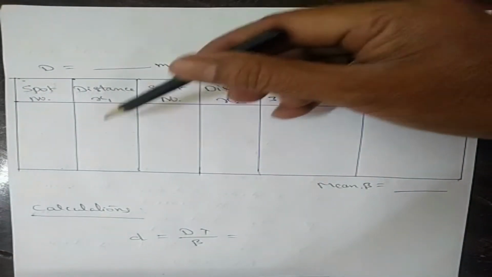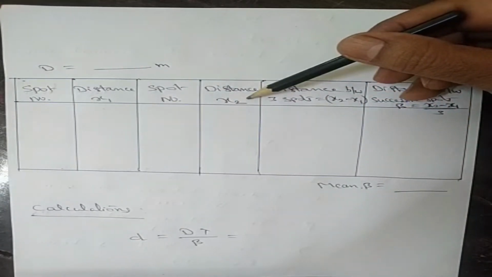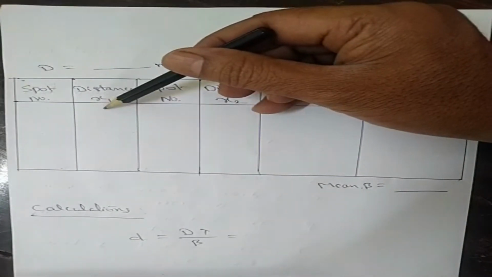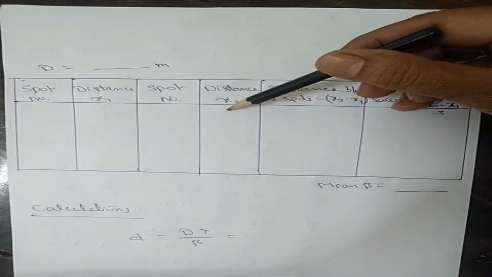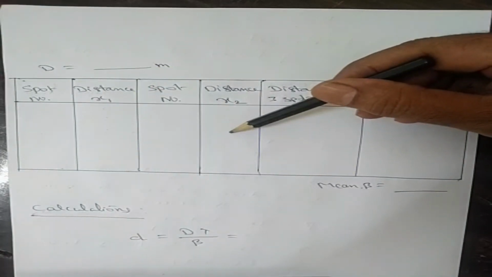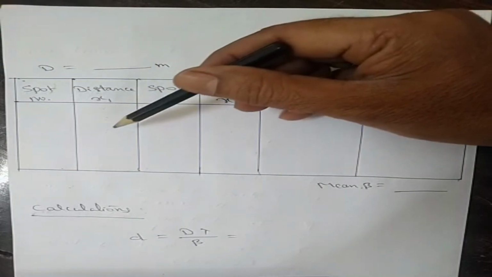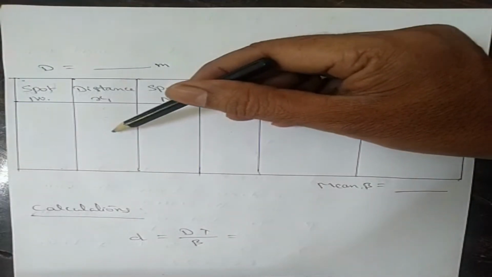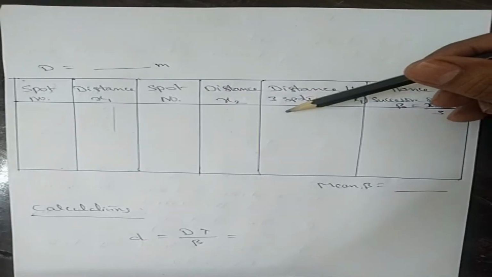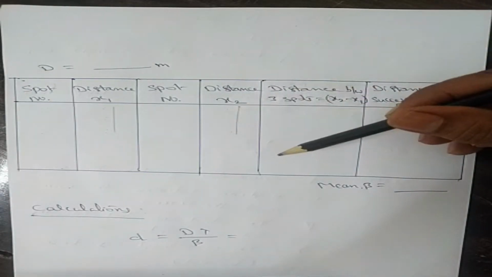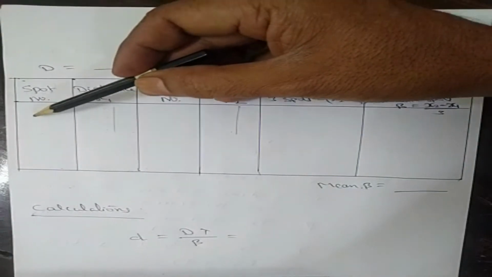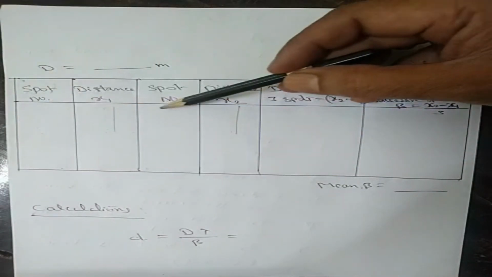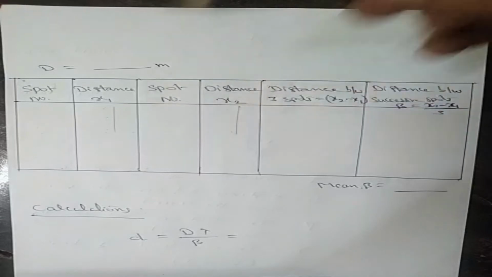Then you continue the measurement here as x2, for the fourth, fifth and sixth spots. Suppose you have 6 spots, you may mention the distances of 3 spots on this side and another 3 spots here as x2. Then the spot numbers will be 0, 1, 2, 3, 4, 5 like that.